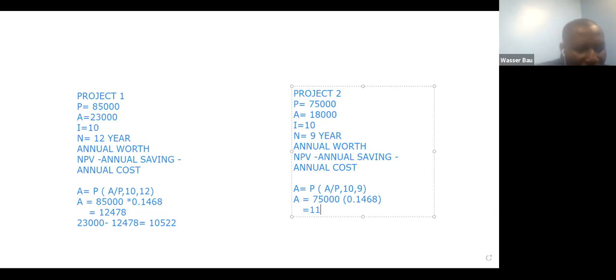That will be 11,010. So it's either I invest 75,000 one-off, or I will be investing 11,010 naira for 9 years at interest rate of 10%. They are all the same thing.